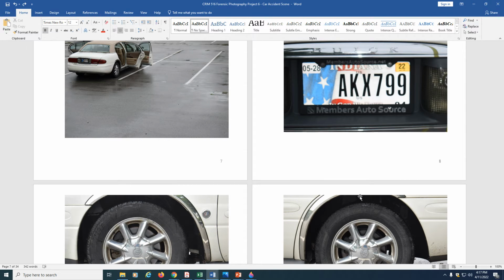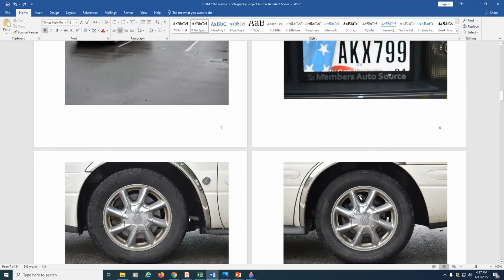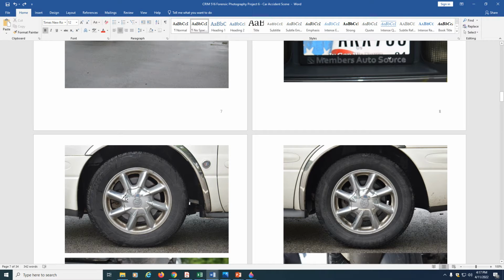Another thing that can be a common issue, that would need to be looked at would be tires, whether it be damage, whether it be something that could have caused a flat tire that could have led to the crash or damage. That's something to consider. Also, you want to look at this in terms of road conditions. So what we're going to look at here is you'll notice on all four tires.